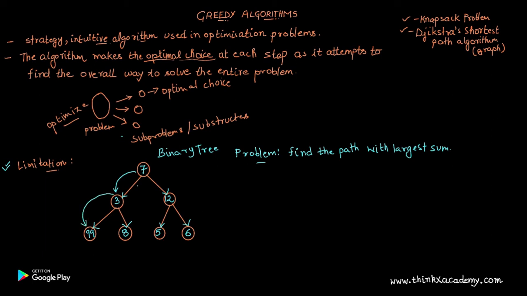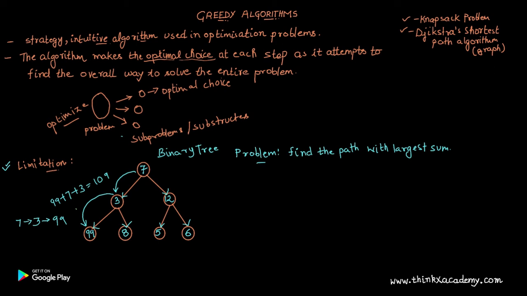We know that we're going to get the highest value, which is 99 plus 7 plus 3. That is 109. So this is the largest sum. Ideally the solution of the problem should be this path 7 to 3 to 99.